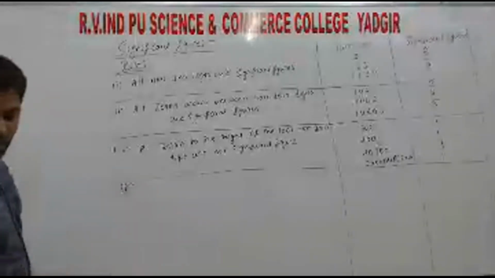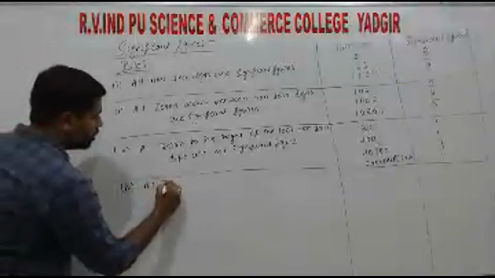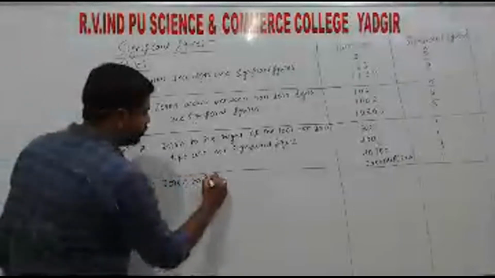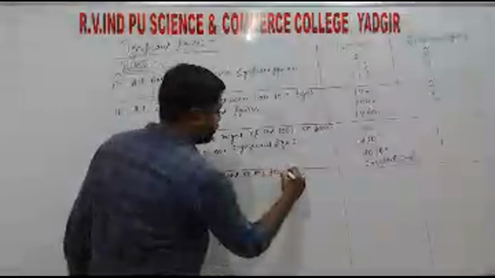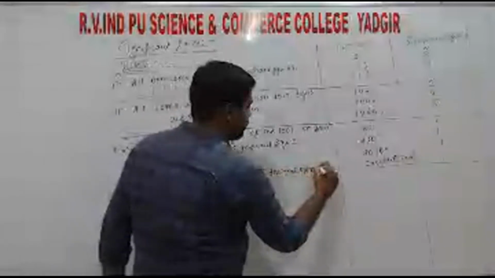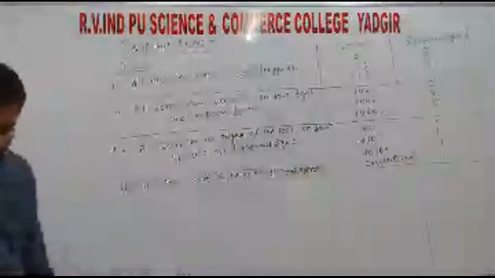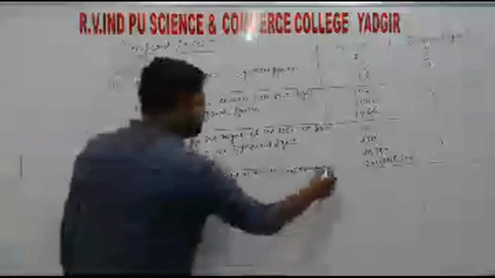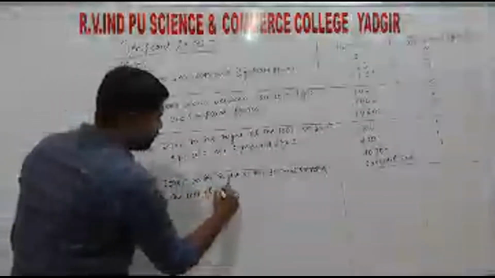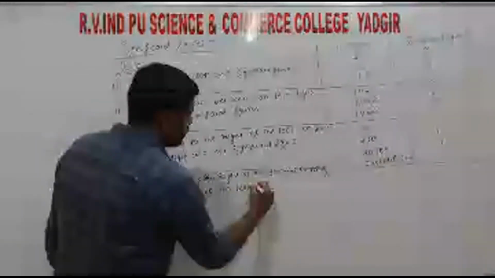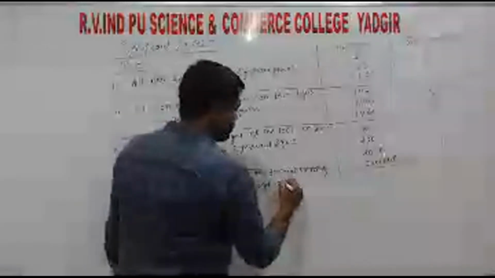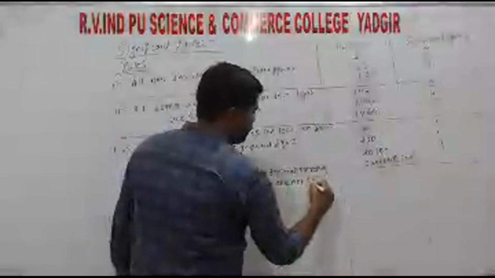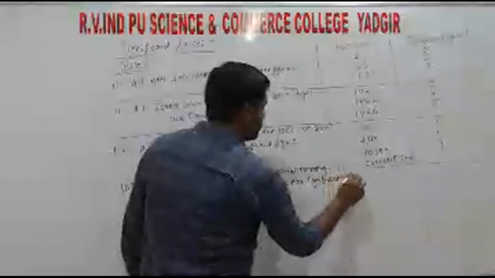Next, the fourth one: all zeros to the right of the decimal point and to the left of a non-zero digit are not significant.